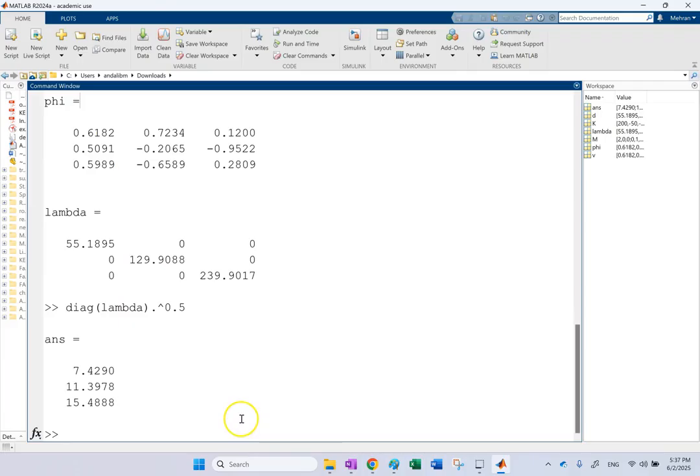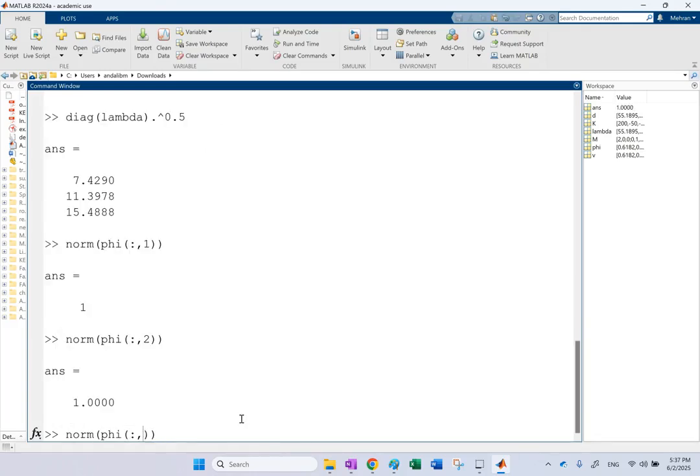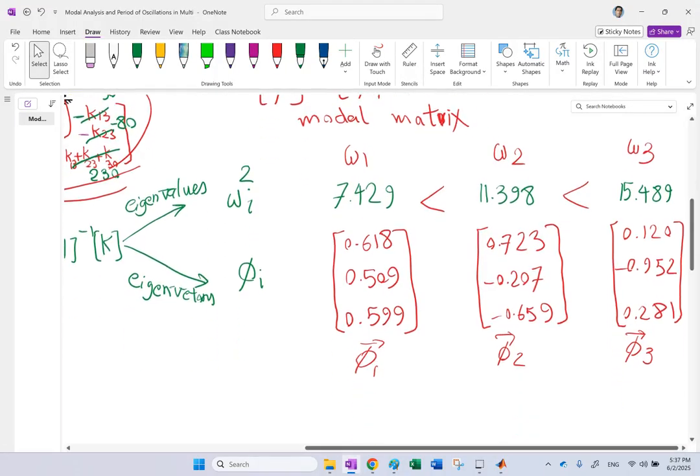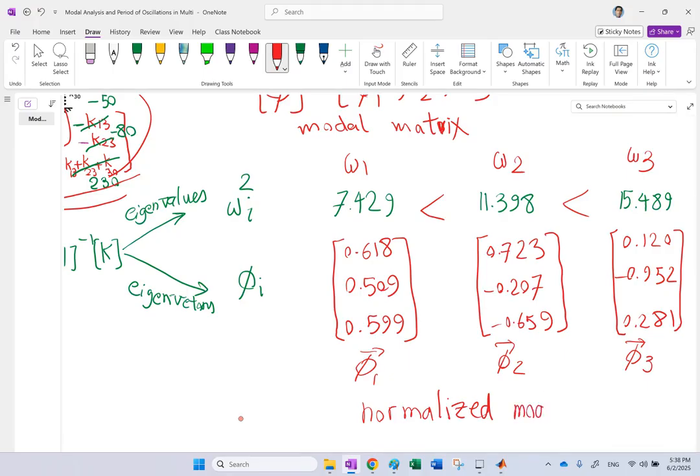So look here, if I say what is the norm of phi column 1, you see it's 1. If I do it for column 2, it's 1. If I do it for column 3, it's 1. So the ones that MATLAB brings to us, these mode shapes, are what we call normalized mode shapes, because their magnitudes are all 1.